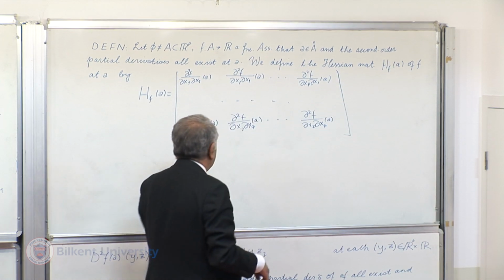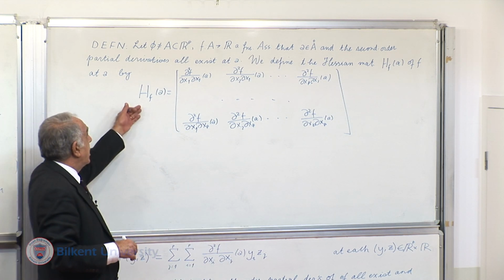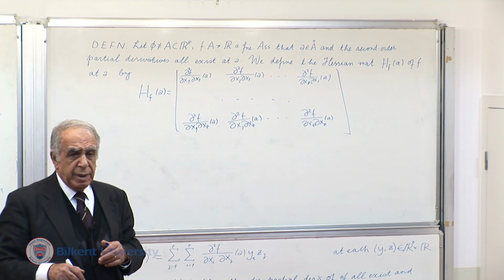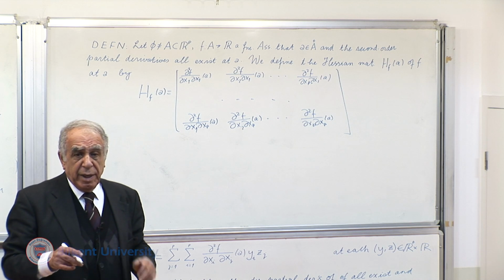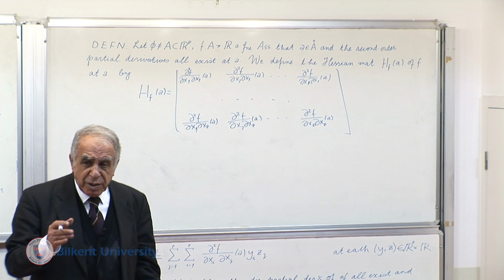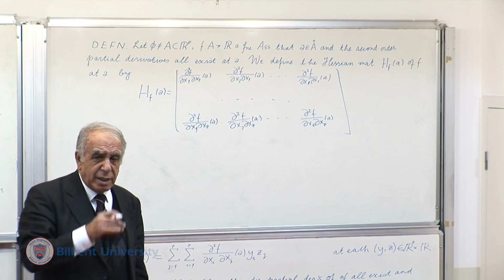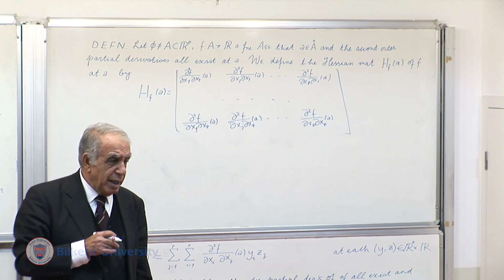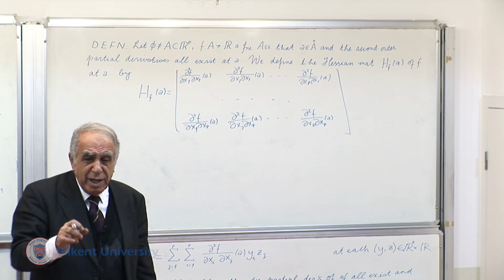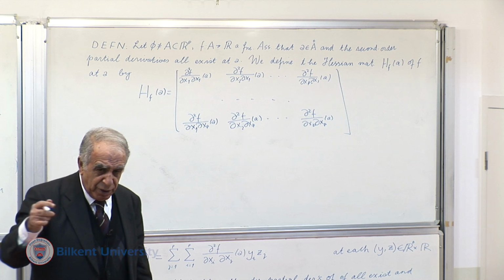But now, let us note two things. Well, will this be necessarily a symmetric matrix? If the order of partial differentiation is exchangeable, then it will be, because taking the second order derivative first with respect to xi and then with respect to xj will be the same as taking the derivative in the reverse order.